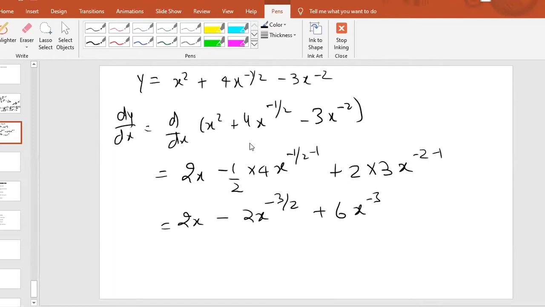So the answer for question number 3 is how much? See, simply what we have done: d by dx of x square plus 4x power minus half minus 3x power minus 2. The next step I have skipped.